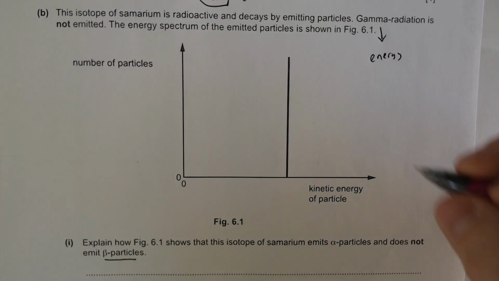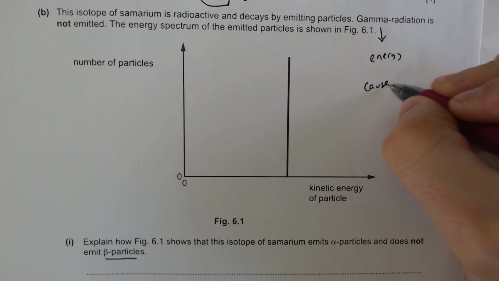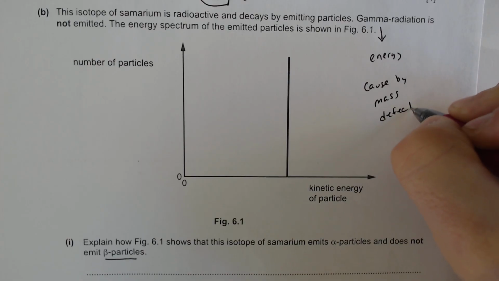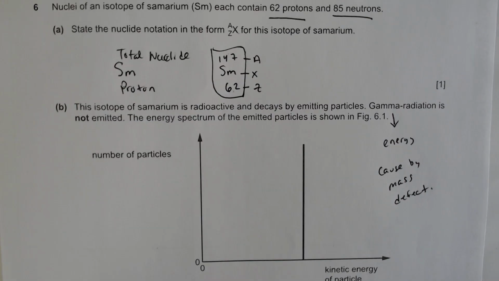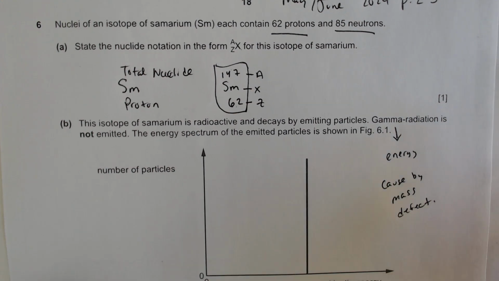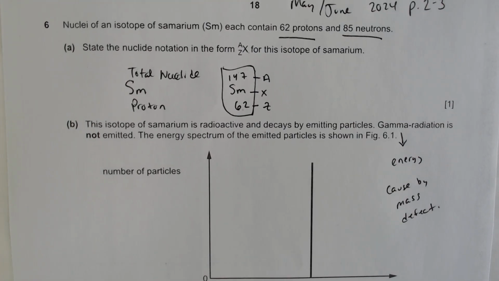Now, do remember that the energy of any of these is going to be caused by the mass defect. Okay, so whenever we decay from this samarium into something else, whether that be alpha, beta, or anything else, it releases energy because some of the mass is gone. Like it poofs out of existence and turns into energy.